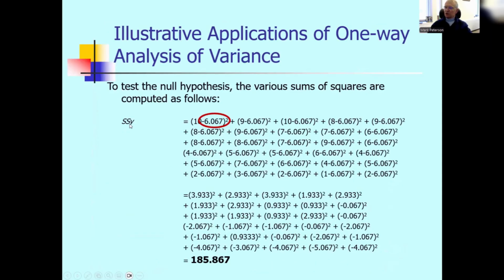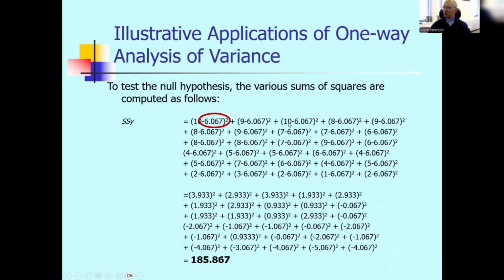To compute the sum of squares of Y, we'll take that first respondent, that first store in the high in-store promotion group. It has a rating of 10 for sales, and then we subtract the grand mean, the overall mean for all of the stores, 6.07, from that. Then we square it. Then we go to the next value, 9, subtract the grand mean, and square that difference.